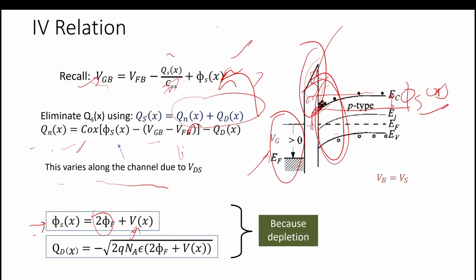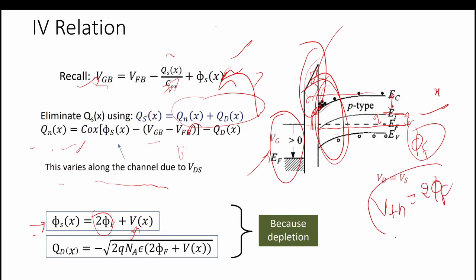The gap between the Fermi level and the intrinsic Fermi level is the phi f. So Vth is equal to twice phi f.